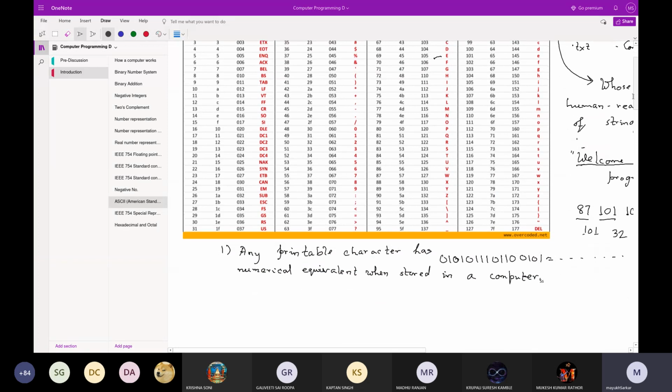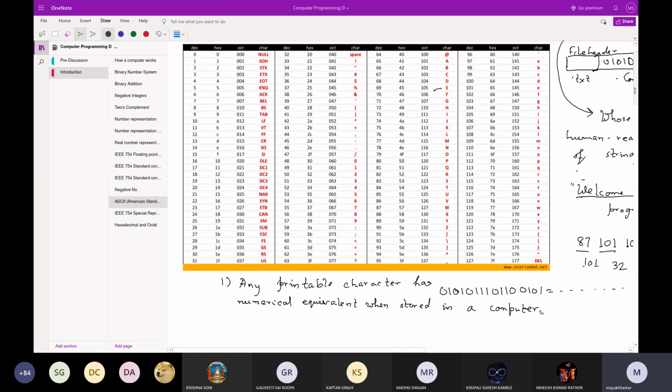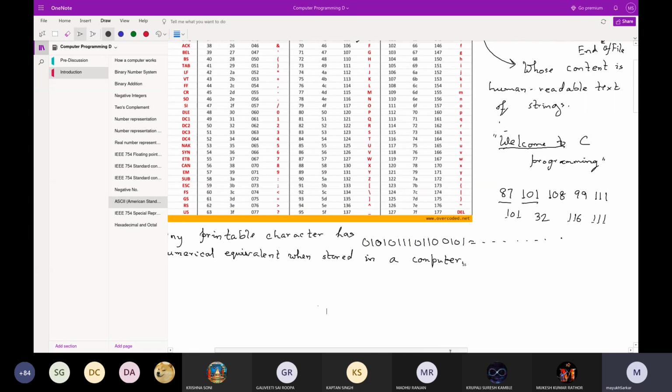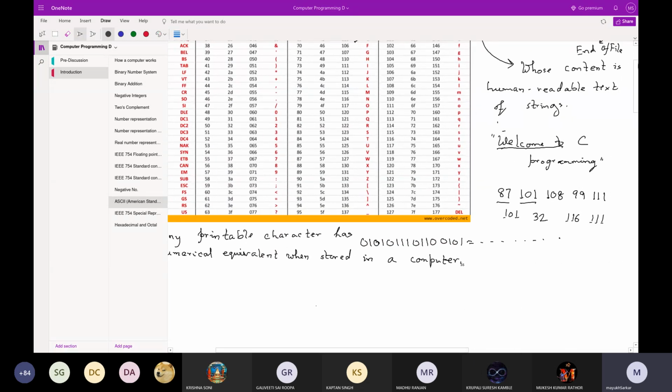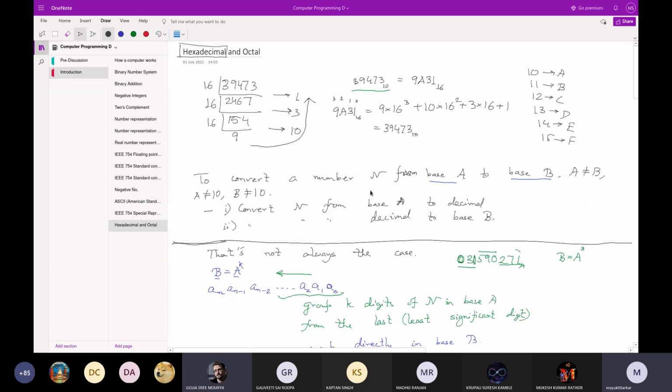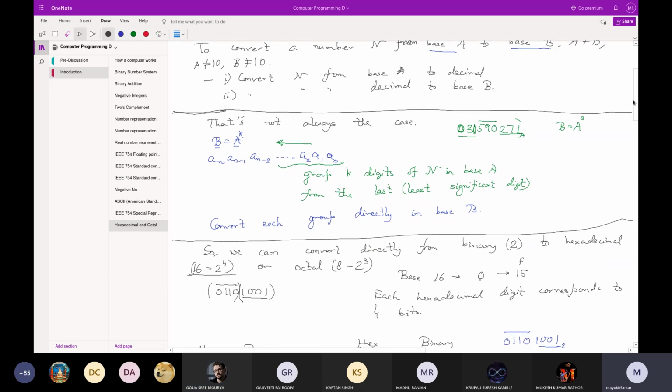And let it get loaded. Okay, and there I have shown you this "welcome to". Sir, you have grouped them into 4 bits, sir. That is depending on the value of k, sir. Yes, that depends upon the value of k, the power.